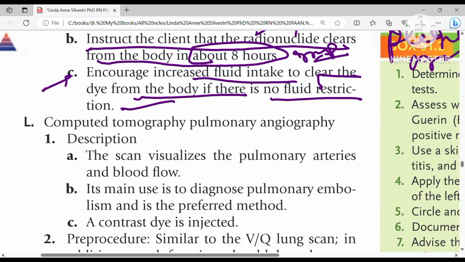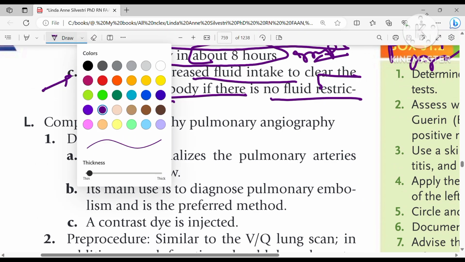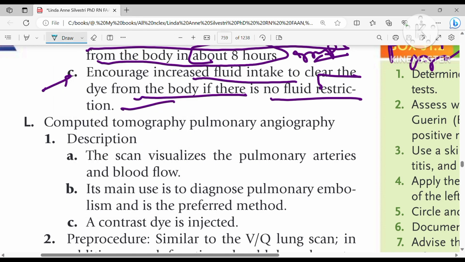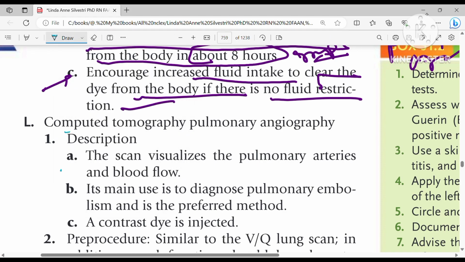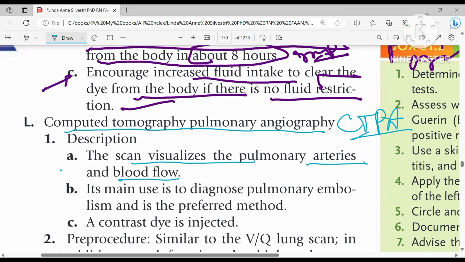Then the next one is computed tomography pulmonary angiography. What is that? That is CTPA. It is called CTPA. The scan visualizes the pulmonary arteries and blood flow.